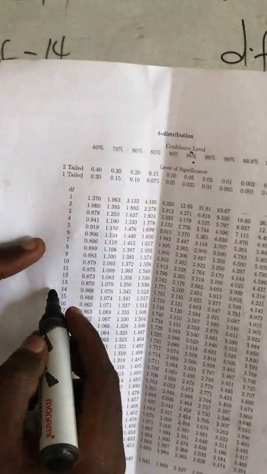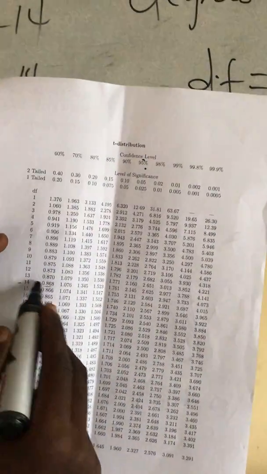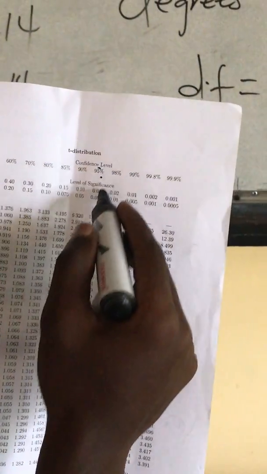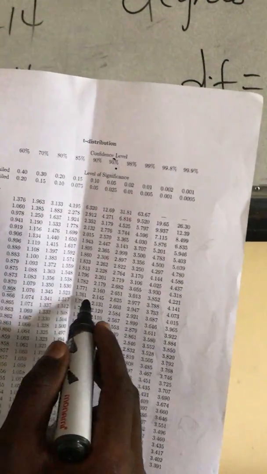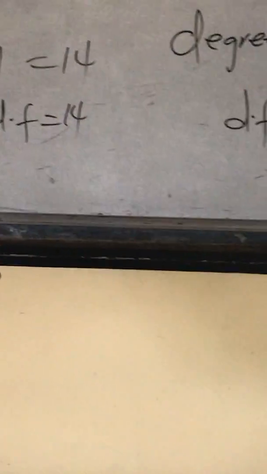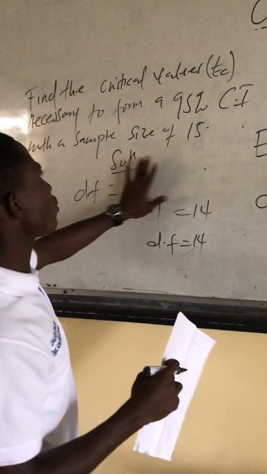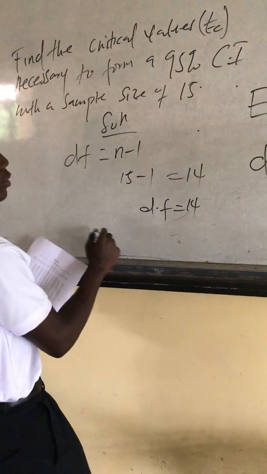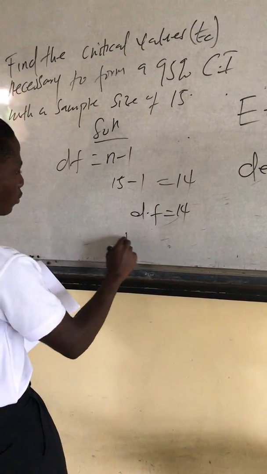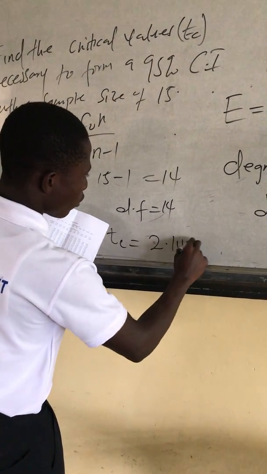You trace from 14 to where we have the 95% confidence level. So when I trace, I got 2.145. So for a 95% confidence interval with a sample size of 15, my T of C is 2.145.